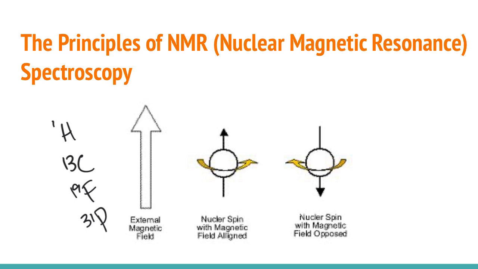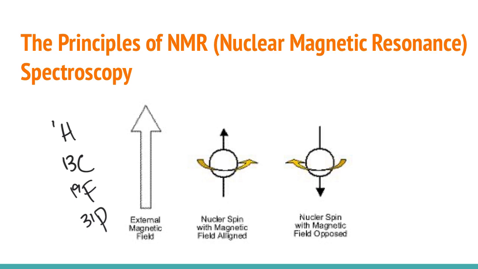We're not going to get into too much of the technical details about what this property of spin is, but you can think of spin as the nucleus spinning, and when you have something with a charge that starts spinning, it can act like a little tiny bar magnet. When you put that bar magnet into an external magnetic field, the nucleus's spin is either going to align itself with this external magnetic field, or it's going to align itself opposed to it.